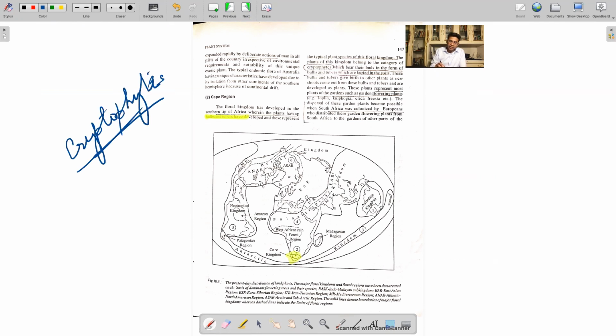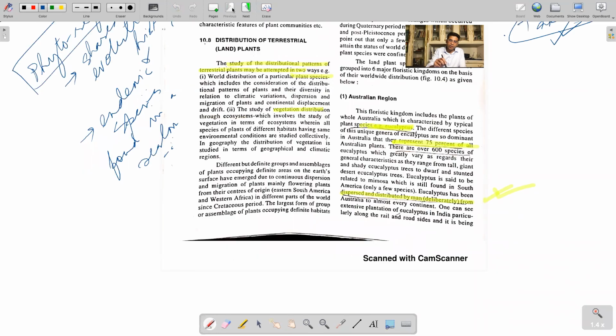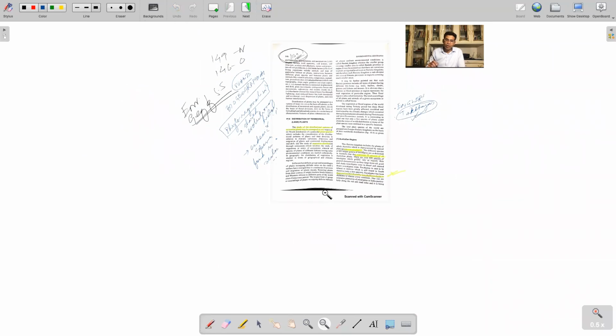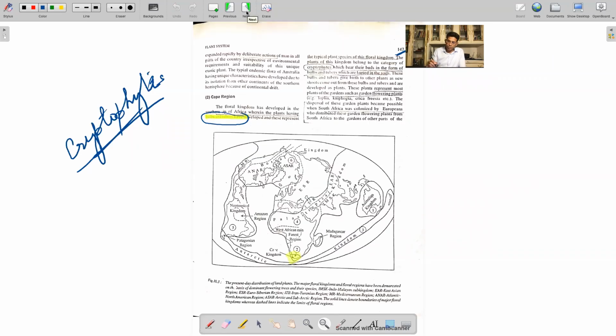Cryptophytes. These have bulbs and tubers. Look up your page 147 in your old edition. And if you're looking into your new edition, it is page number 150. So cryptophytes is unique to the Cape province.